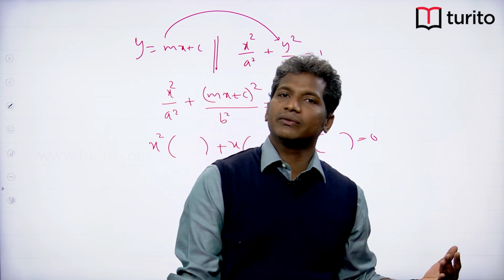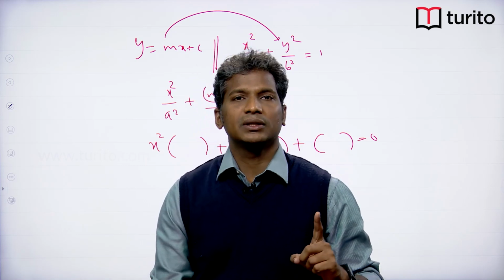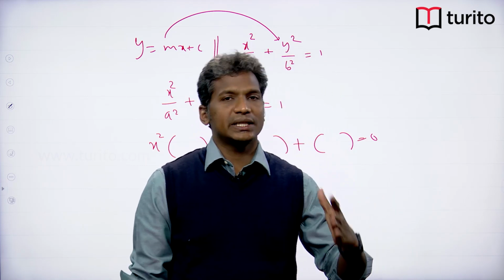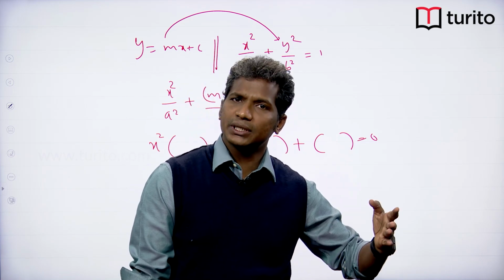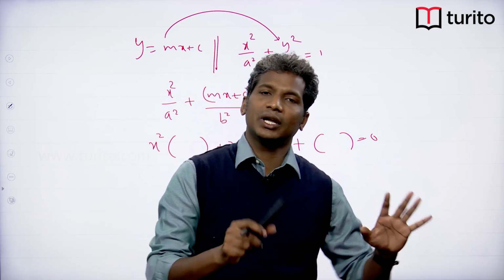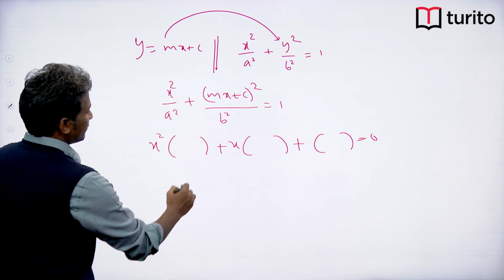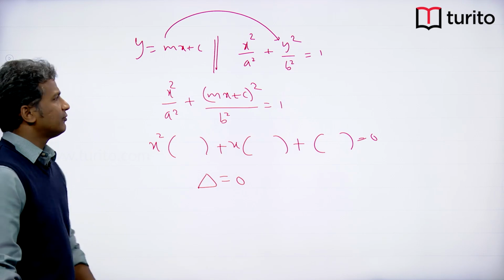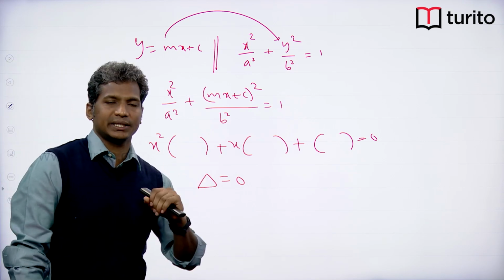If it has only one solution, that means real and equal roots, it is a tangent. If it has no solutions, the line is nowhere related to the ellipse. So, here we can just say that the discriminant must be 0 for the line to be a tangent.